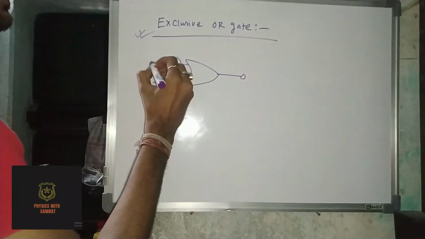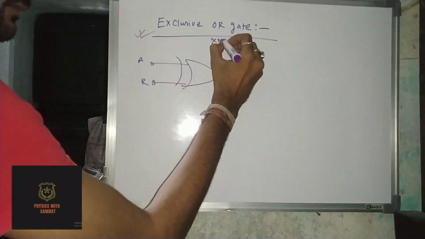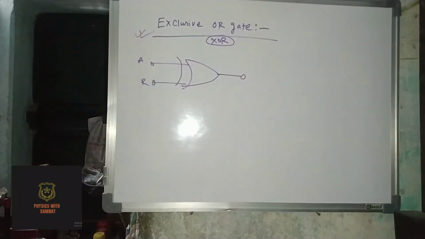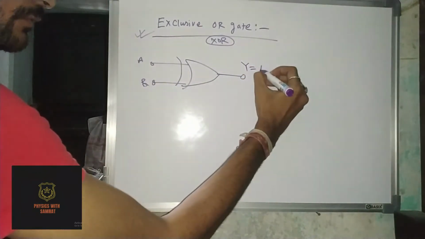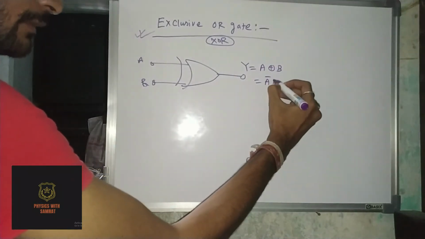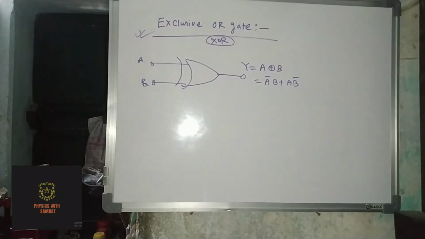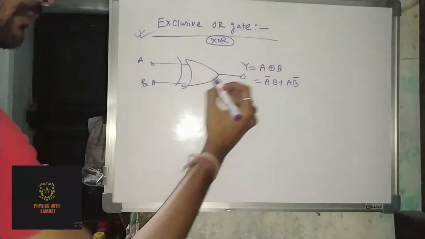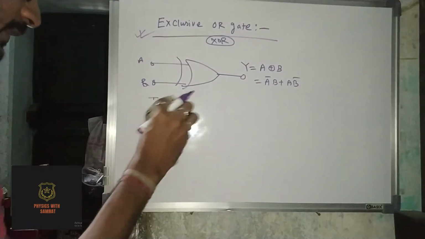Okay, this is the logic circuit of exclusive OR gate or XOR gate. If A and B are the two inputs, so Y will be A bar B plus A B bar. So our main work is making the truth table.